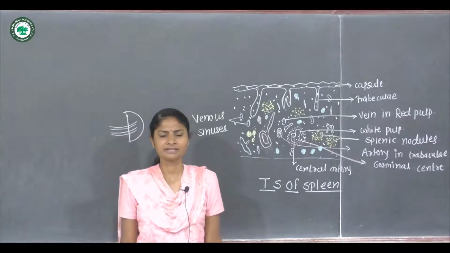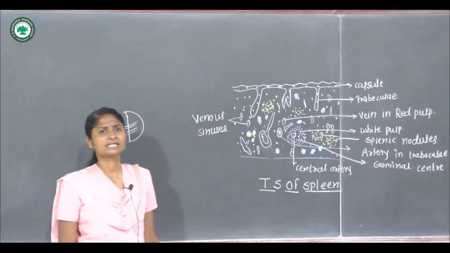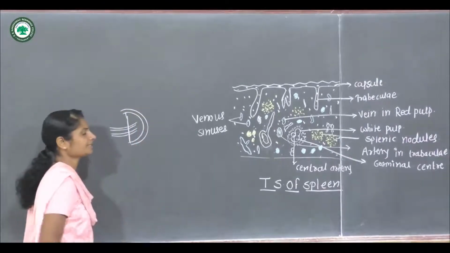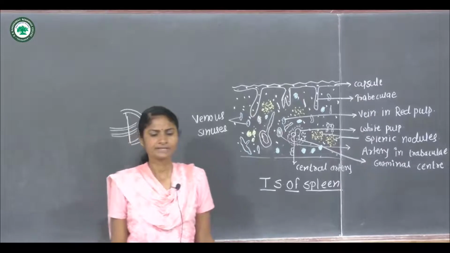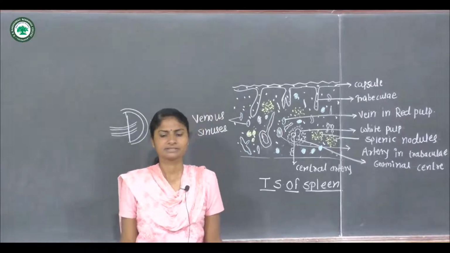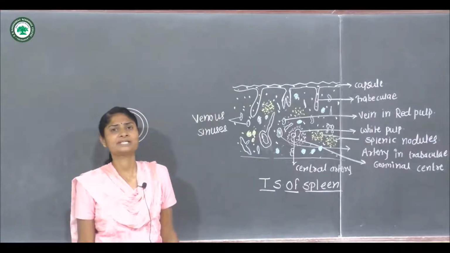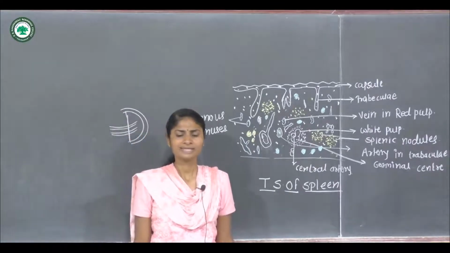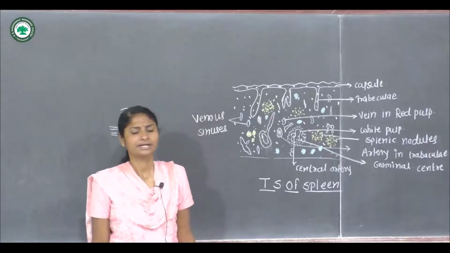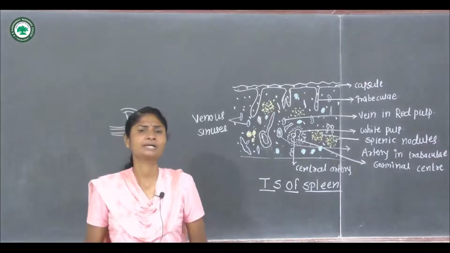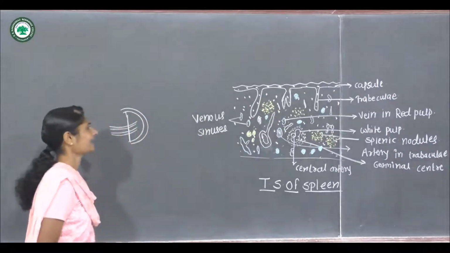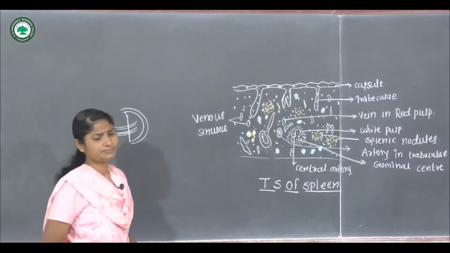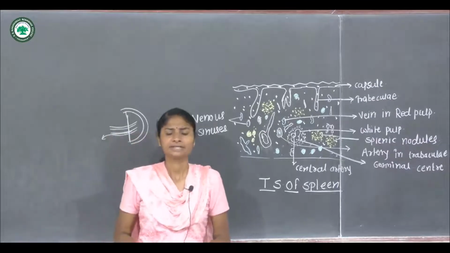Except at the hilum region, the spleen is covered by a serous membrane called the peritoneum. The splenic arteries and nerves enter at the hilum, and veins and lymphatic vessels leave the spleen at the hilum region.